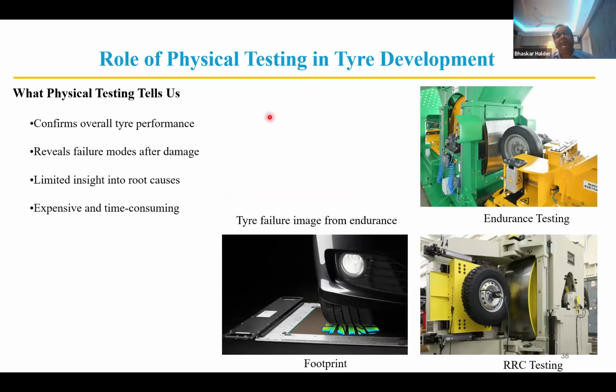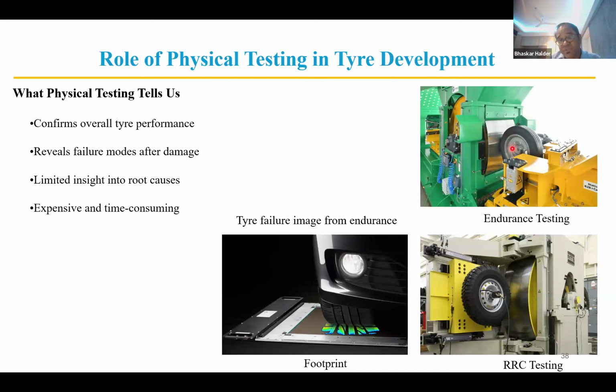These are some examples of how we go about tire development. These are some machine examples I am giving, where I can correlate or validate my FEA result with the testing result. These are all indoor testing machines. This is a pulley wheel machine, and the tire runs at whatever load and speed we require.